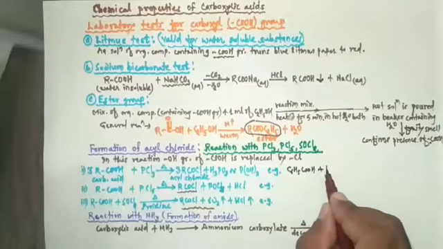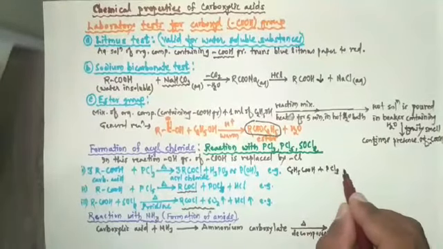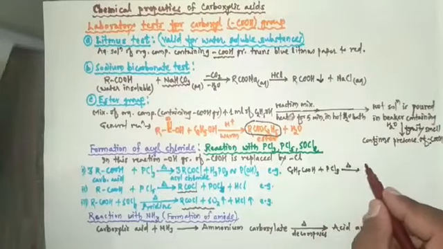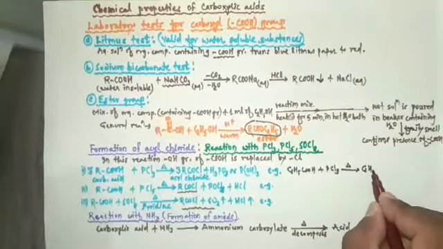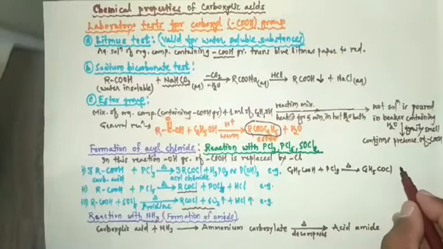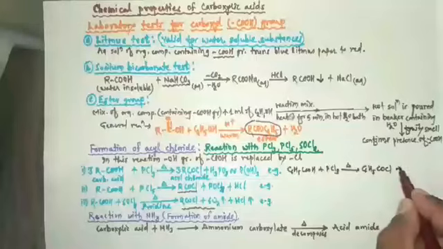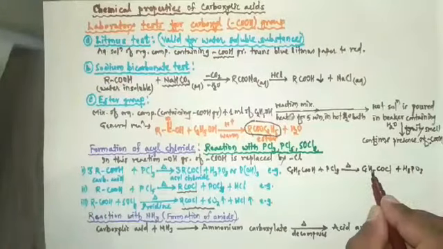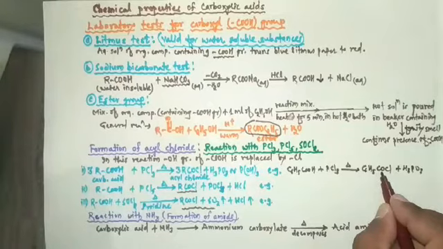It is reacted with PCl3. When these two are heated together, there will be formation of the product, C6H5COCl, and the byproduct is H3PO3. Thus benzoyl chloride is formed.